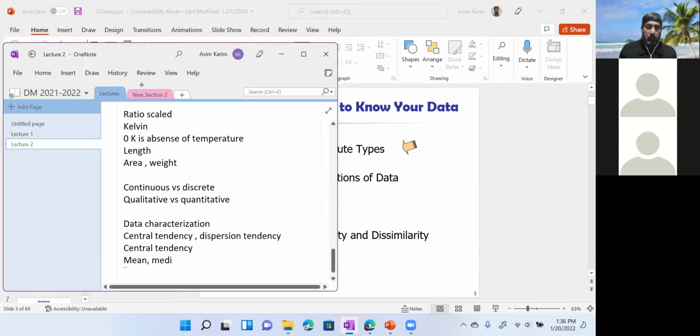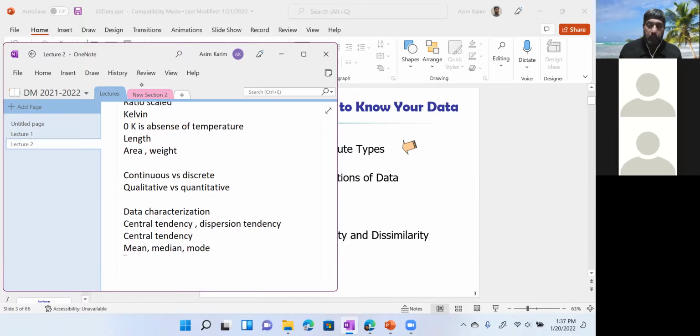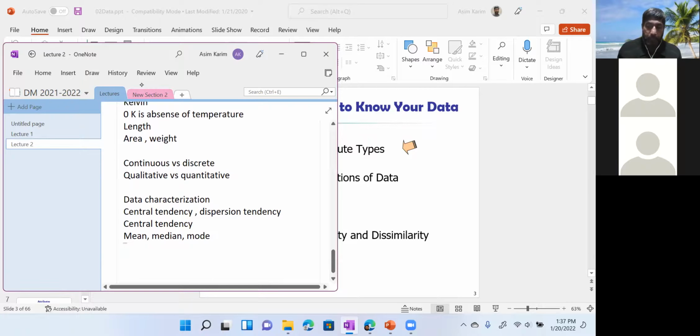So can the mean be applied on a categorical attribute? The mean is computed by taking the average, which is summing up the values and dividing by the count. So you have a ratio involved there. You have numbers that need to be added up.